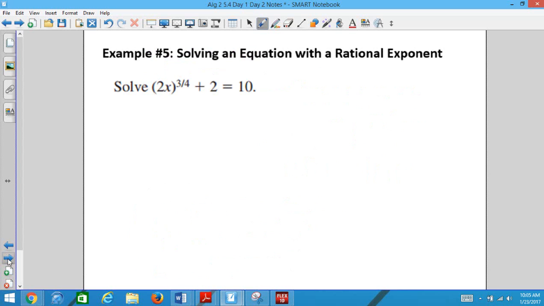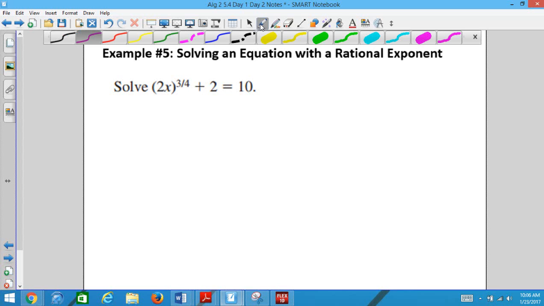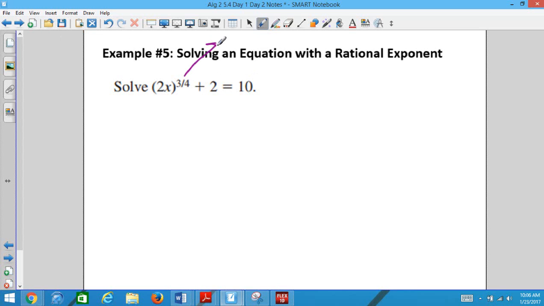Today we're going to solve equations with rational exponents. It's the exact same thing that we did last class, only instead of writing the square root or the cube root symbol, it is written as an exponent. So you know this is the same thing as the fourth root of (2x) cubed, plus 2 equals 10.